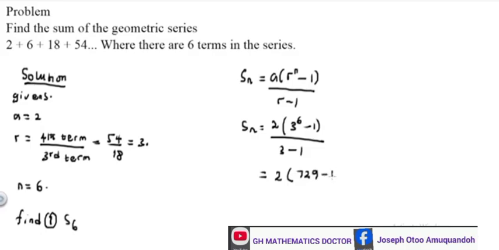Follow up with the methods that you see on the screen. Simplify, and what we have in the bracket will give you our final answer. So our final answer is 728. So this is the procedure that you are going to use to find the sum of a series in the geometric progression. All right, so make sure you use this strategy to solve lots of questions under what you have studied.